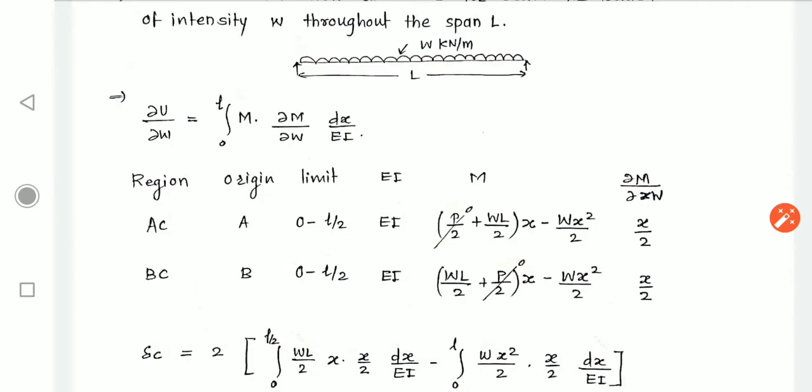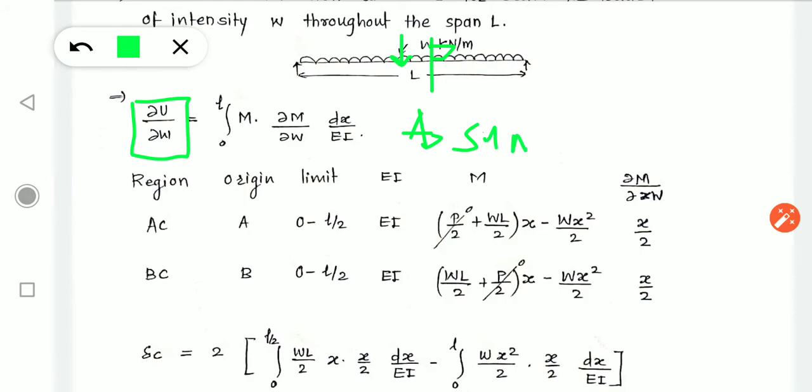But if we want to calculate the deflection at the center, we want a variable load for differentiation purposes. So please assume a variable concentrated load P acting downward at the center of your span.